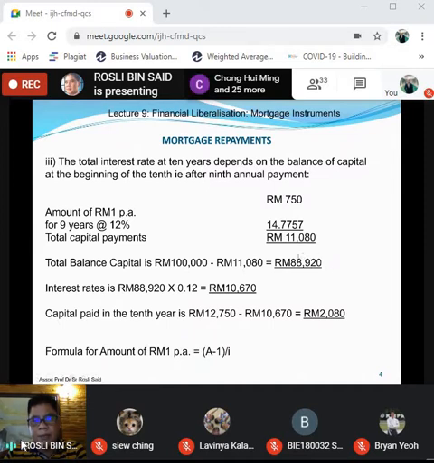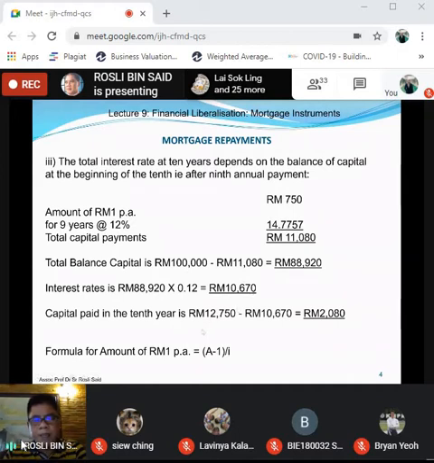So out of this, we have to pay interest as in the second example just now. Because the interest is 12%, we multiply by 88,920. So basically the interest that we have to pay is 10,670.